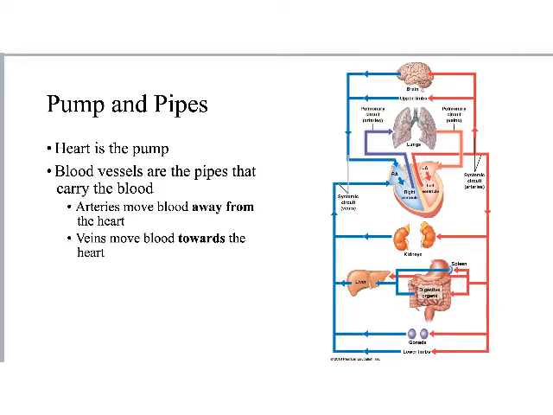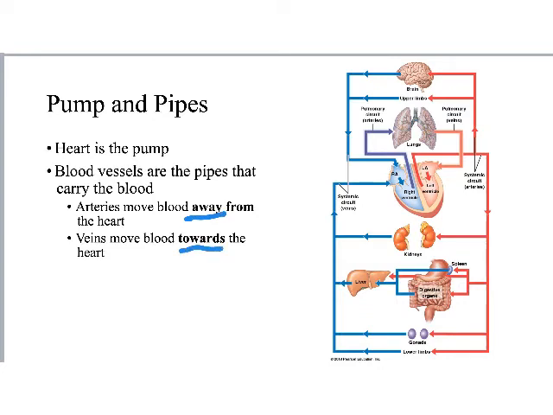The pipes are just going to be the arteries and veins, and on the most simple level, we can define an artery as a tube that carries blood away from the heart, and veins will be tubes that carry blood towards the heart.